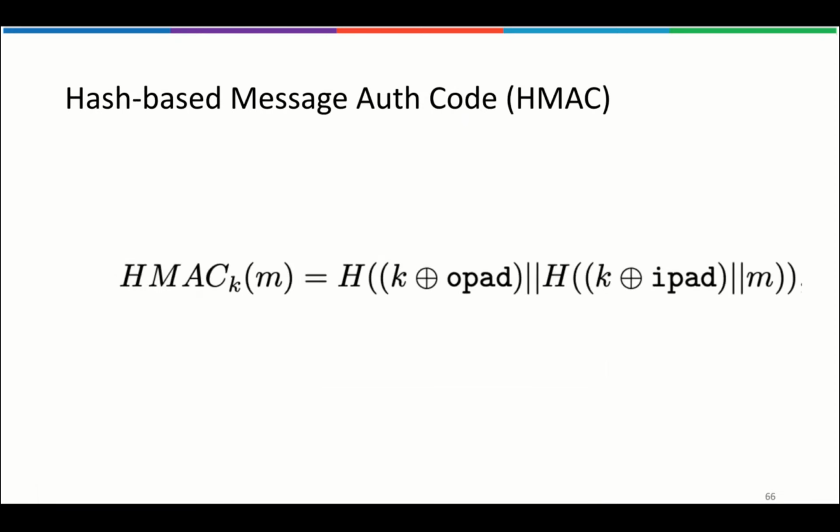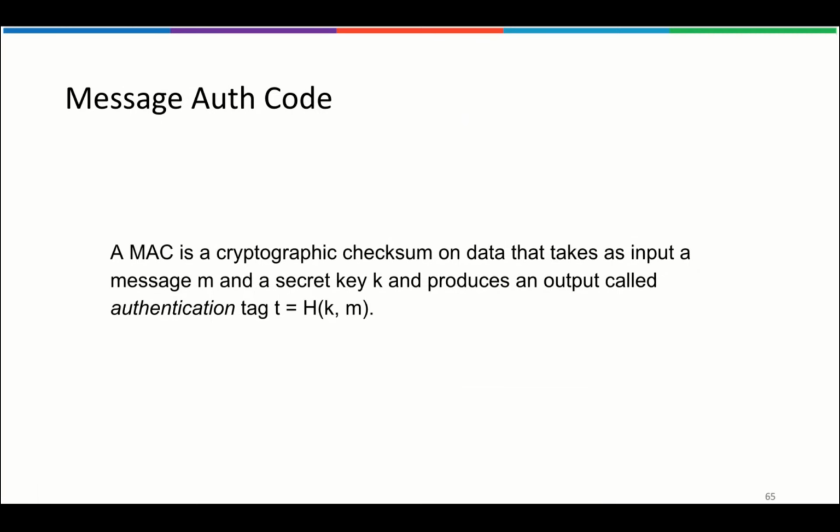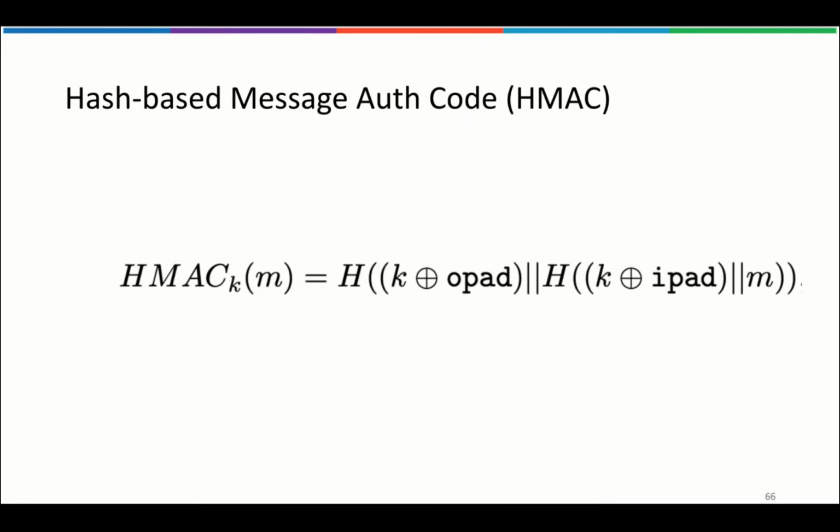However, there are some attacks on that, and therefore the hash-based message authentication code, HMAC, was developed by Hugo Krawczyk, my ex-colleague at IBM T.J. Watson Research Center. He developed that algorithm, and HMAC is used everywhere for bit strings.